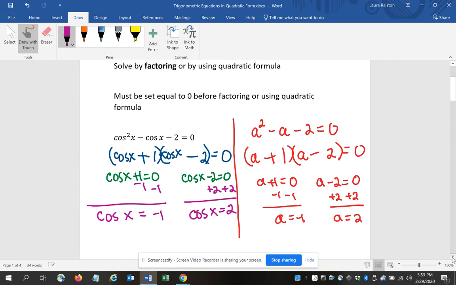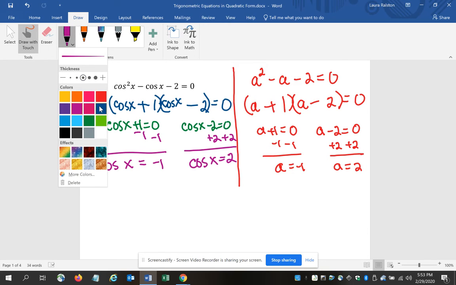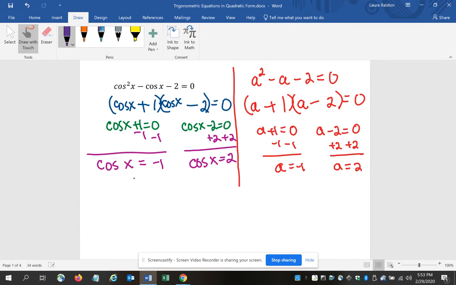So then the question becomes, cosine x equals negative 1. You're really being asked where on the unit circle is the cosine value negative 1? That's the question.